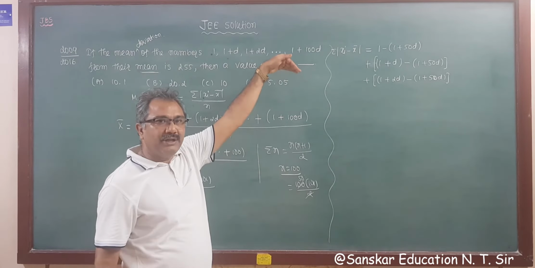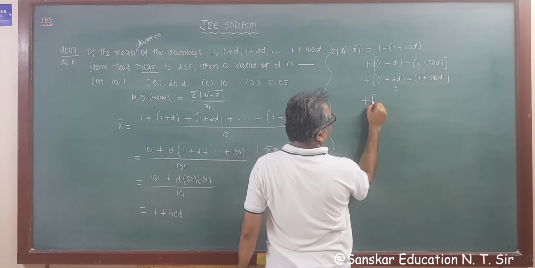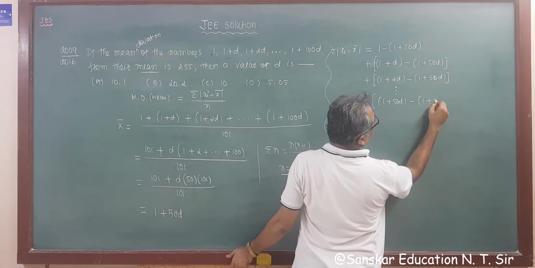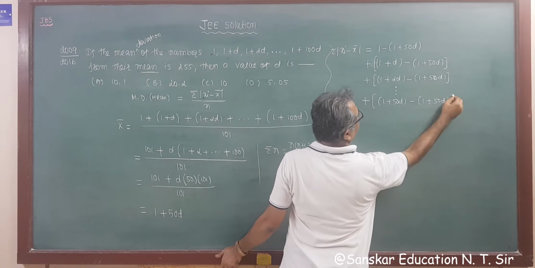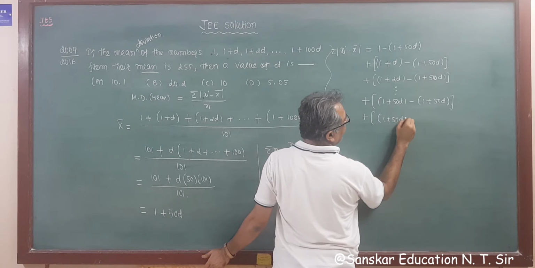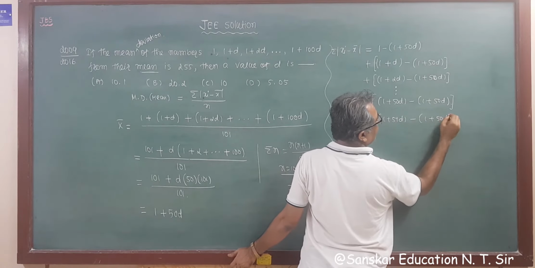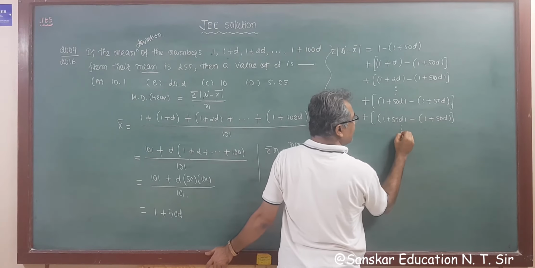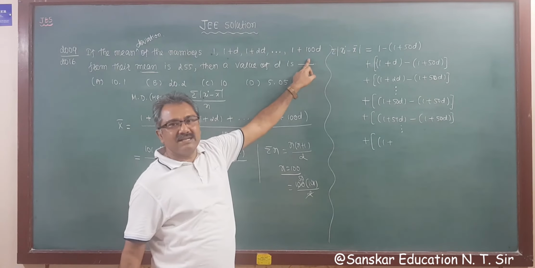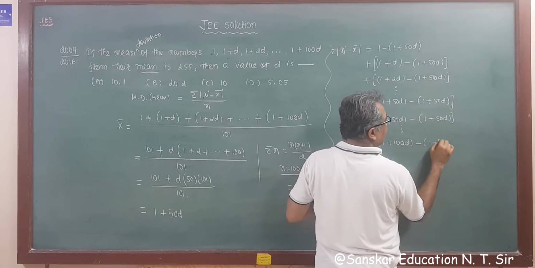Continuing in this way, after some steps we will get (1 plus 50d) minus (1 plus 50d), then (1 plus 51d) minus (1 plus 50d), and the last observation is 1 plus 100d, so (1 plus 100d) minus (1 plus 50d).